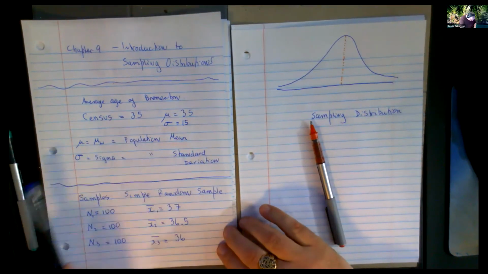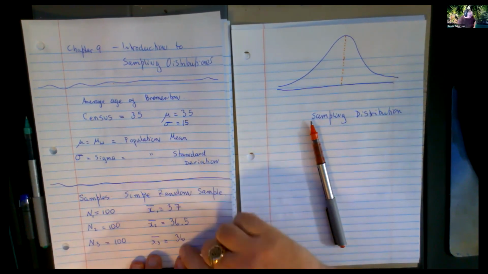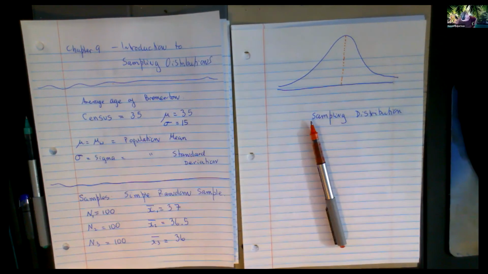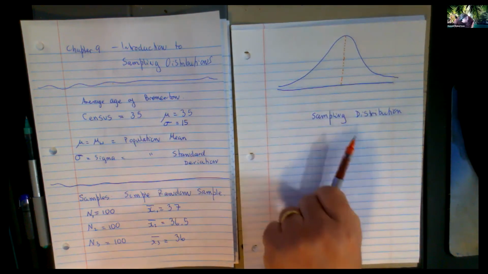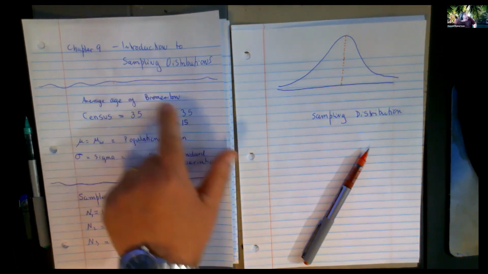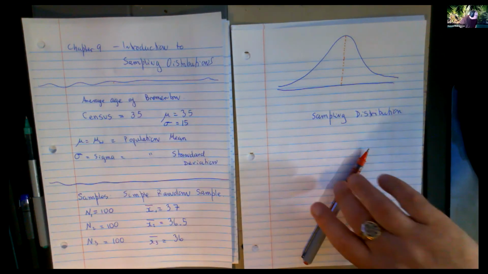What do you think the mean of all these means would be? So where do you think the center of your sampling distribution would be in this story? 35. It's 35.